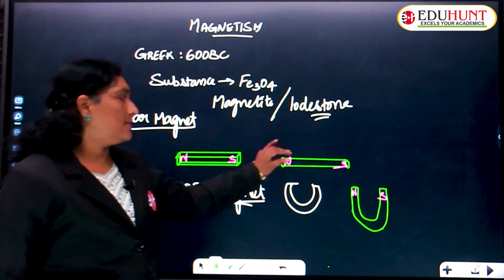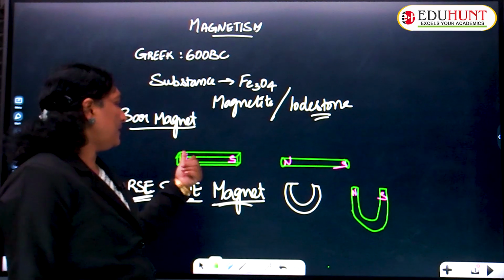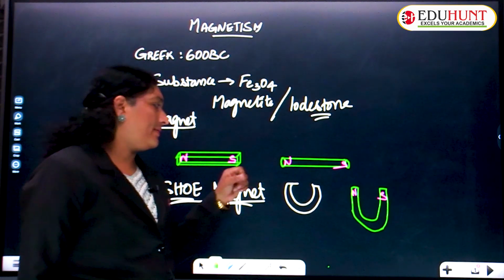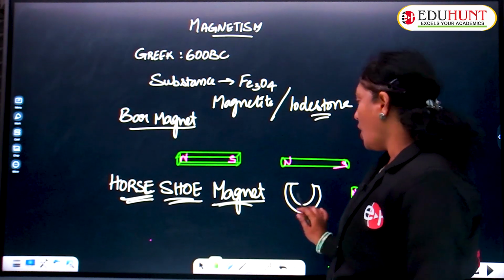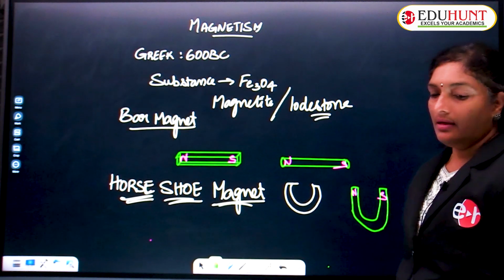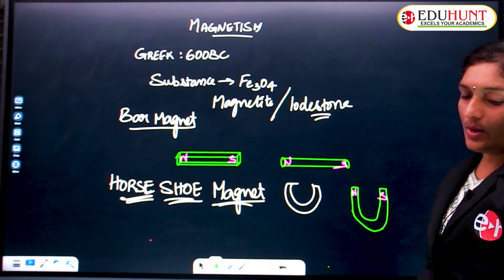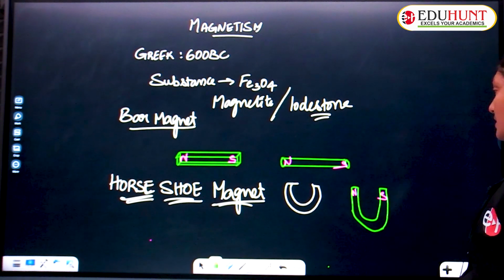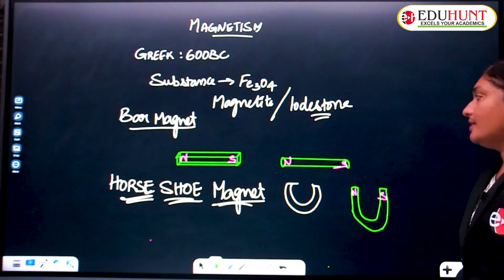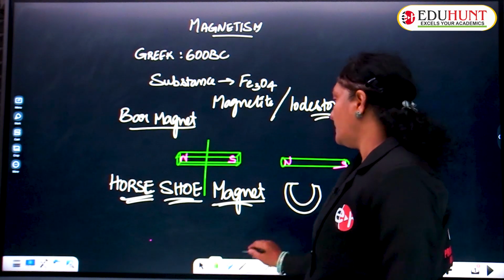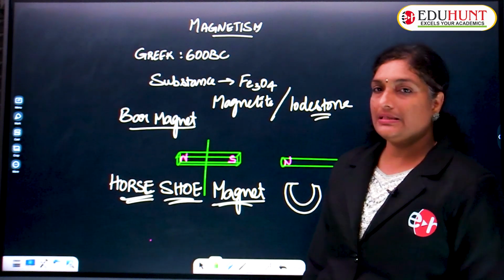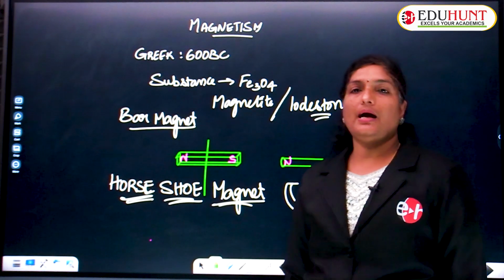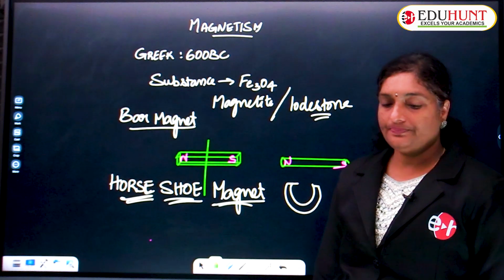So these are the cylindrical and rectangular cross section bar magnets, whereas the U-shaped one is called the horseshoe magnet, which also has two poles. Children, always remember that the north pole is generally marked in red paint; we will discuss it in detail later.